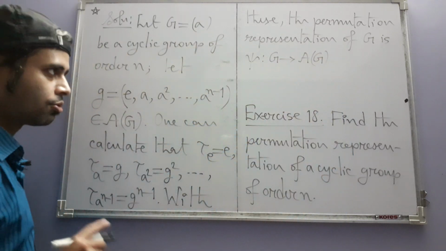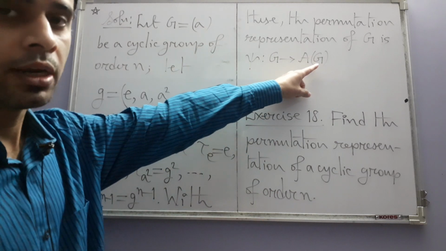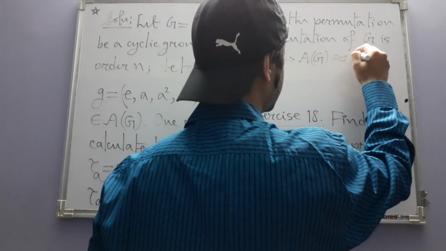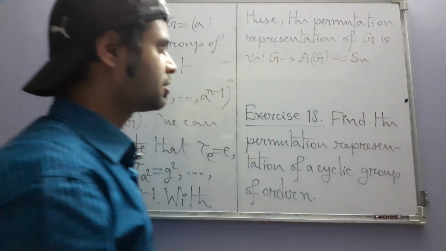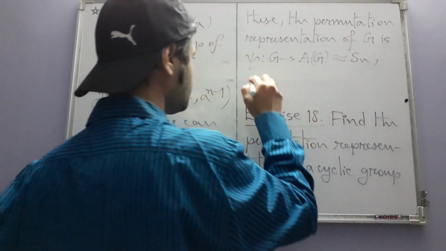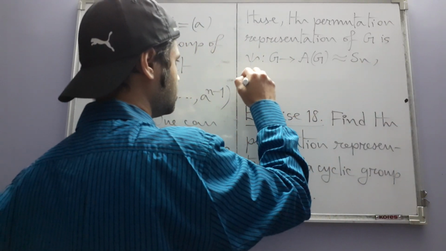Note that because G has n elements, A of G actually is isomorphic to the symmetric group of degree n, and our psi of course is this map.